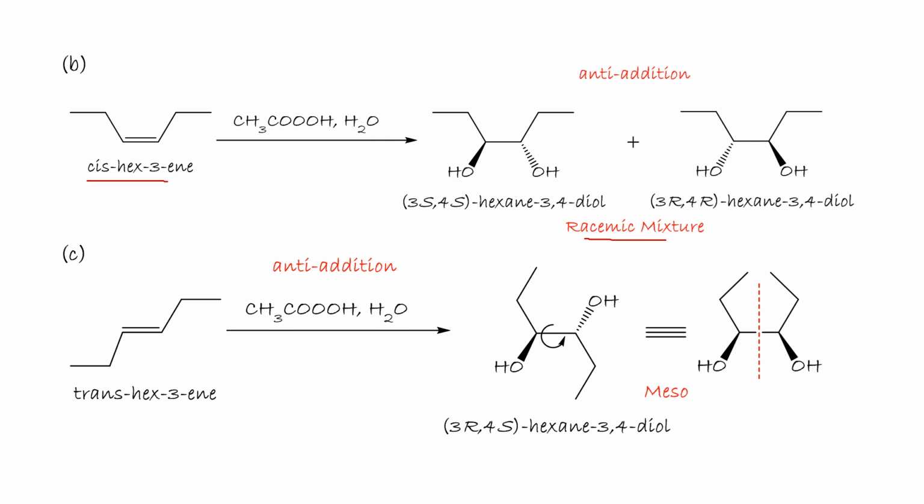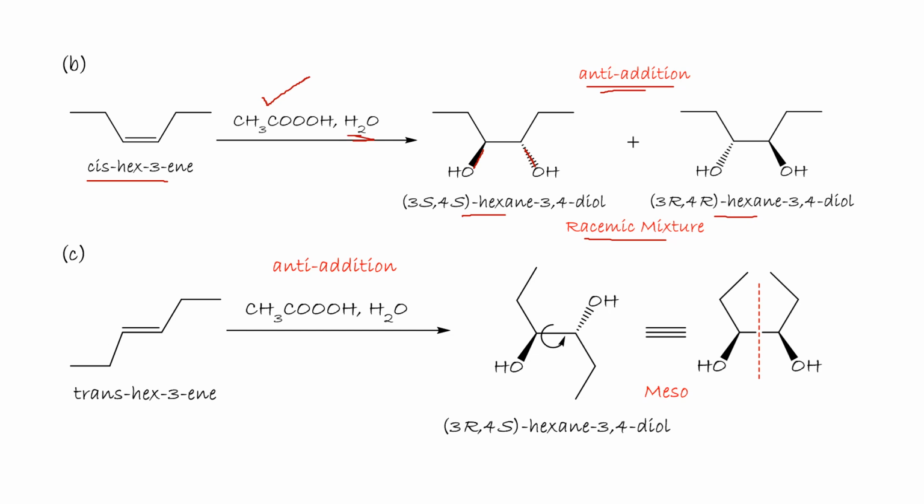So you start with symmetric, then you add the OHs by anti-addition to be able to get a racemic mixture, D and L. How to do that? You use epoxidation with peroxybenzoic acid, and you ring open using acidified water.